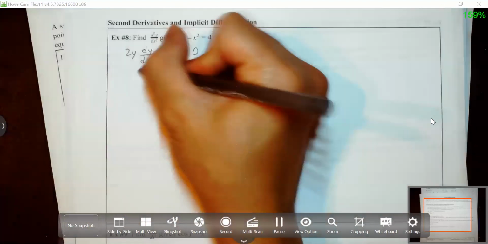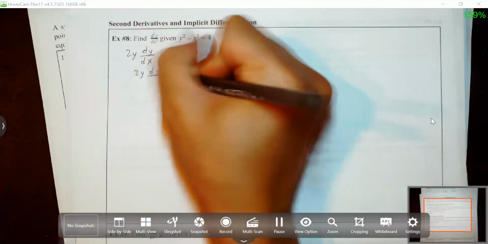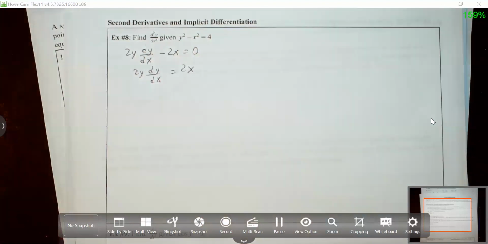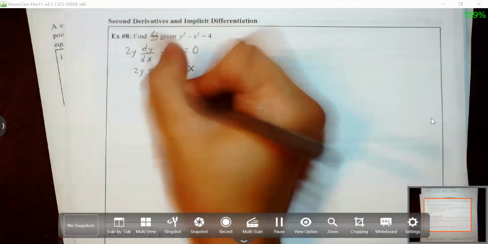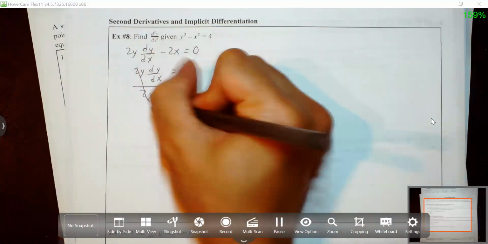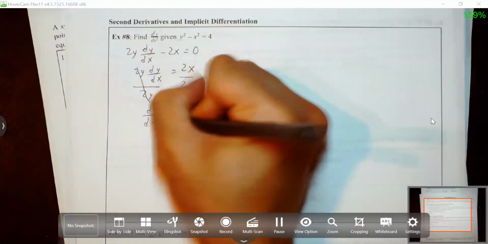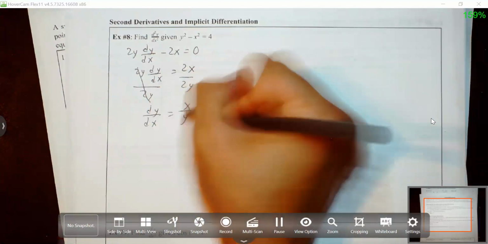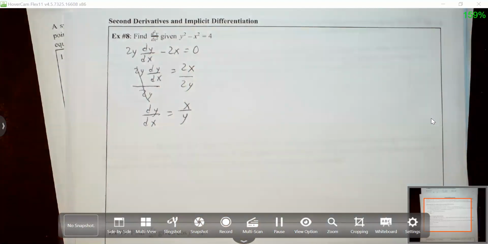And so I get 2y dy over dx is equal to 2x. And I divide both sides by 2y. And so dy over dx is equal to x over y. So this is my first derivative.